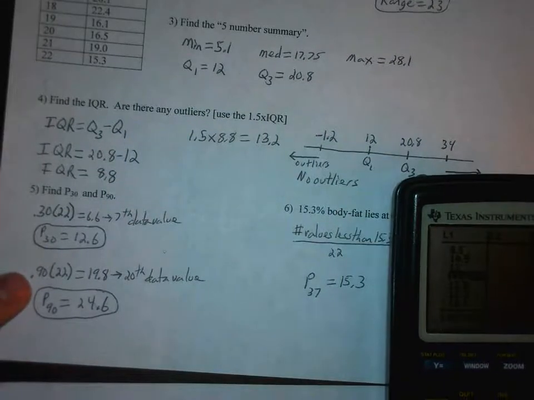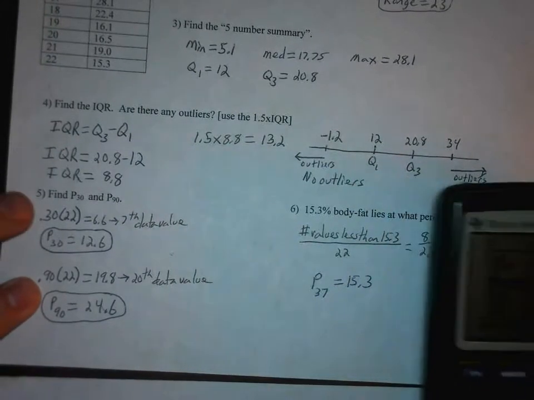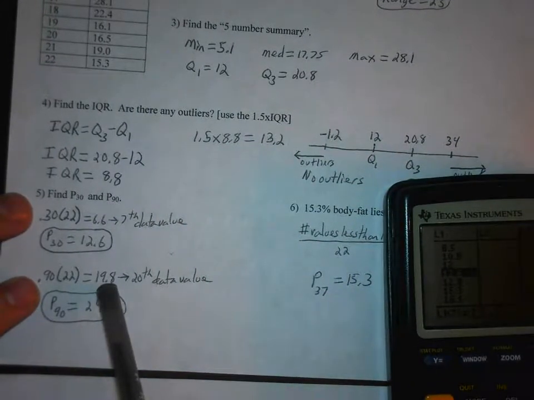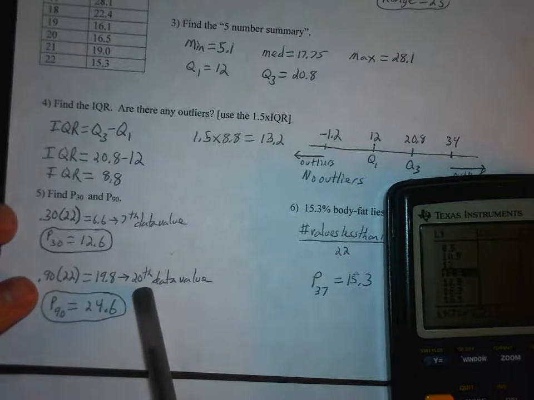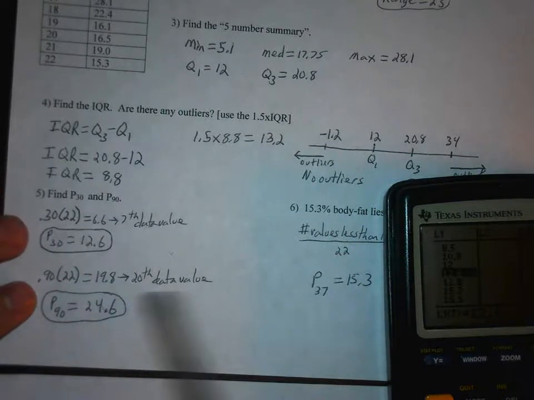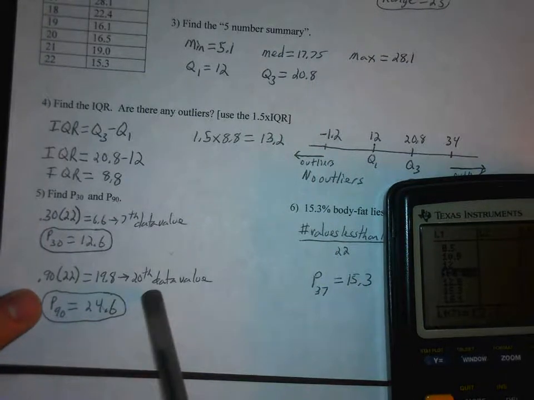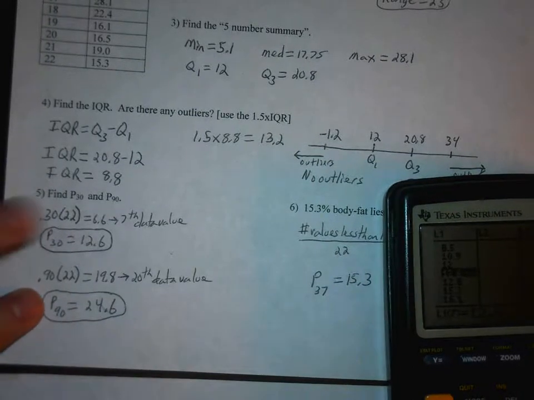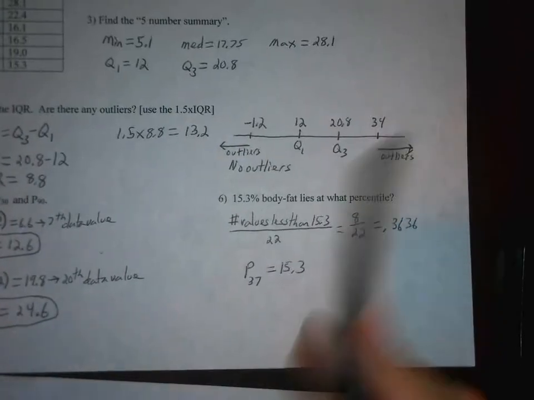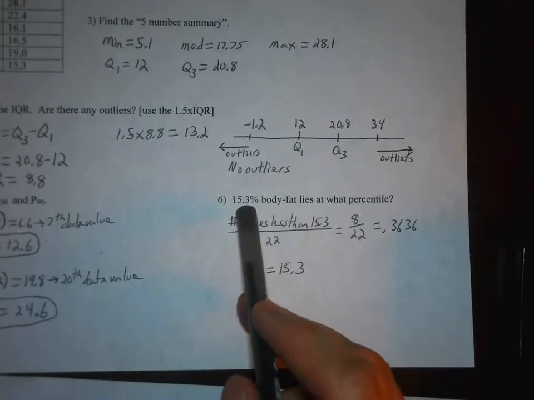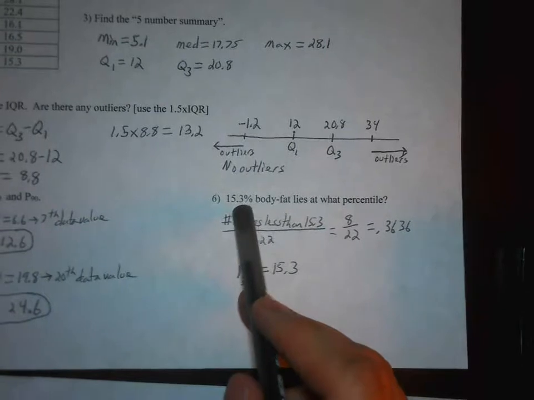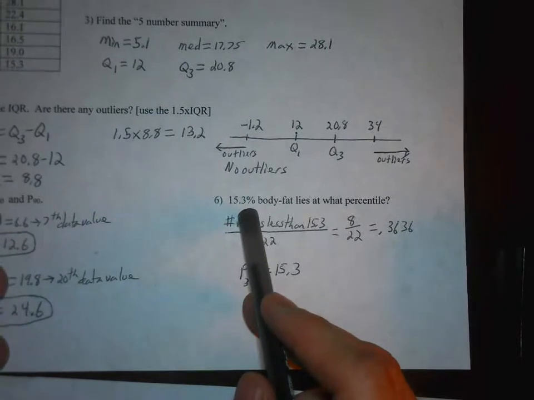Similar for P90, you want to go 90% into the data set. That gives you 19.8 data values. So you round up to the 20th data value, and using a similar method, you get 24.6. That's the 20th data value. Okay, and then if you go backwards and ask, what percentile is a 15.3% body fat?